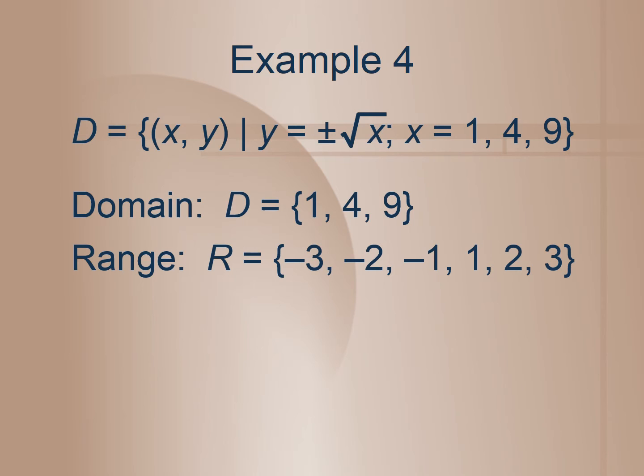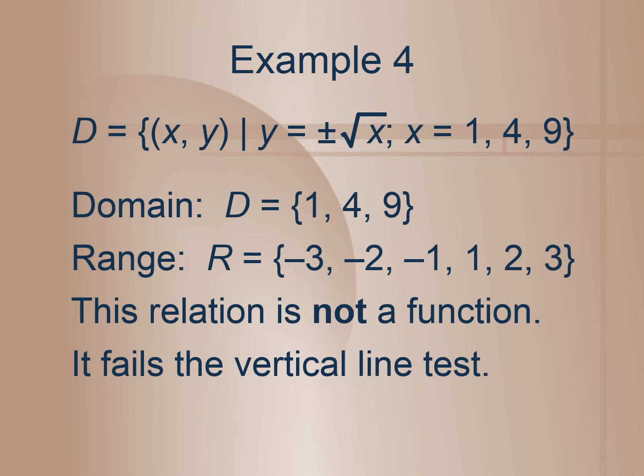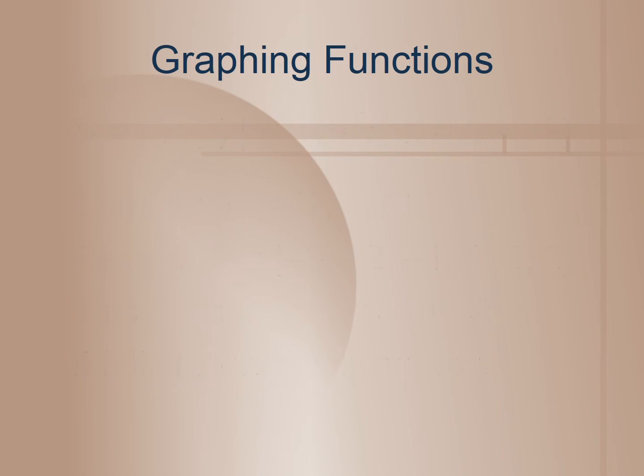The square root of 4 is 2 and -2. And the square root of 9 is 3 and -3. So notice that each x value gave me 2 y values. Because of that, it's not going to be a function, but we can still graph the relation. It's just not a function. It fails the vertical line test.